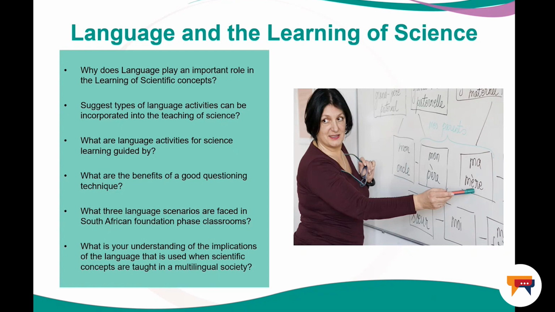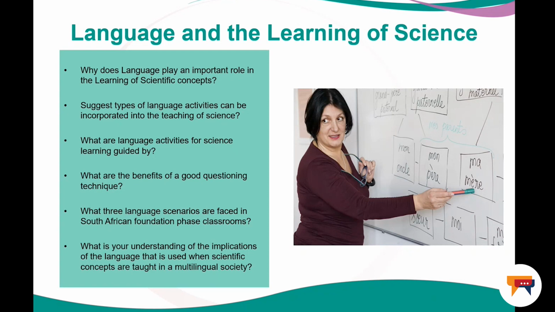So what are the three language scenarios that are faced in a South African Foundation phase classroom? Remember, when we look at all the different scenarios that happen in a classroom, not one school is the same. Everyone has challenges. Some students are really struggling with reading, and it actually affects the learning of science.